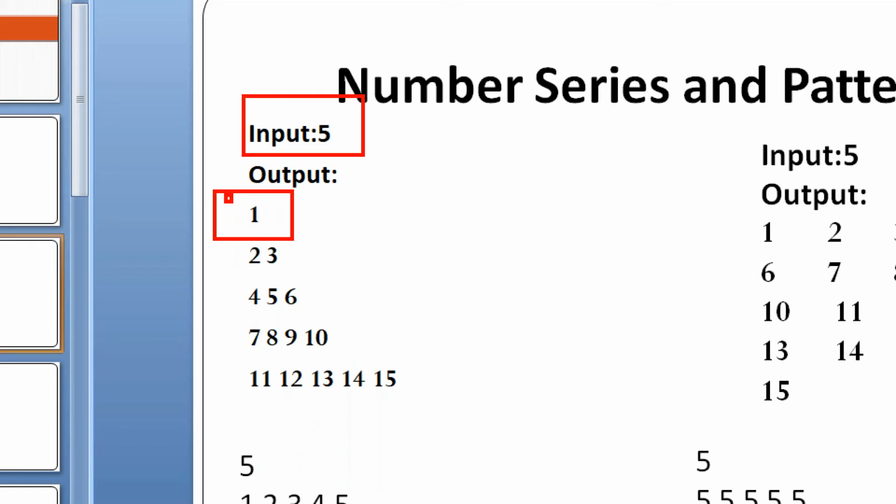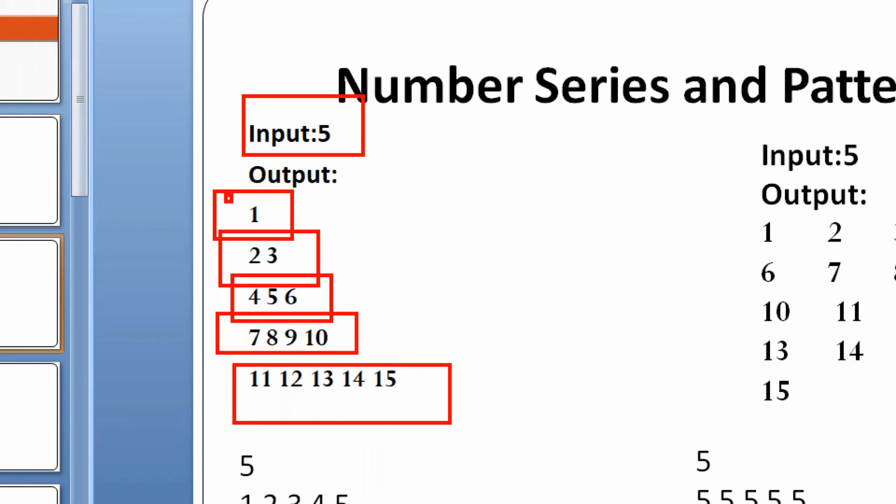Then I have to display 1 the first time, the second time 2, 3, the third time 4, 5, 6. Next 7, 8, and so on, 11, 12, 13, 14. That means what? The value here is continuously incremented.